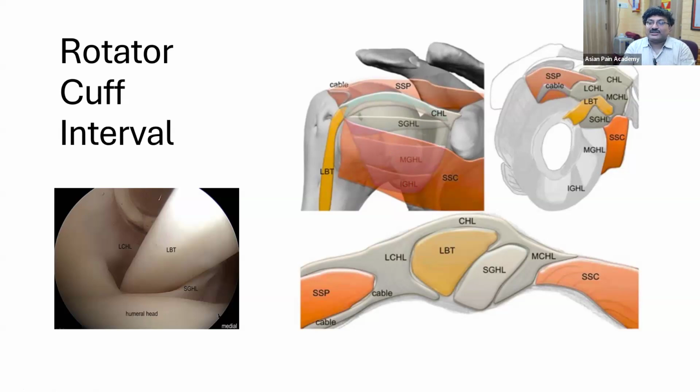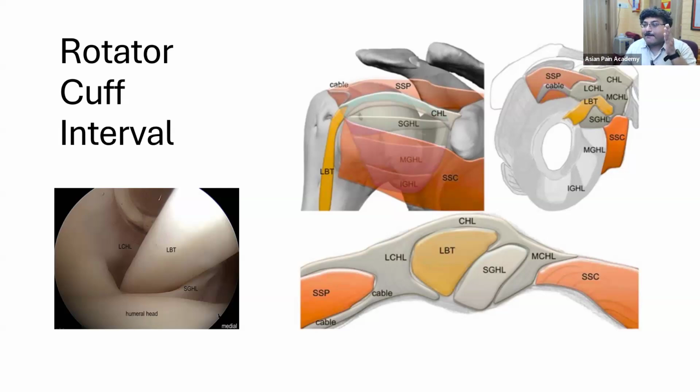Previously, when the shoulder hydrodilatation was started, it was from the posterior side of the glenohumeral joint. But the main pathology remains in the anterior side, in the coracohumeral ligament and superior glenohumeral ligament. So what happens? They become very tough, and that is why external rotation in adhesive capsulitis becomes too difficult.